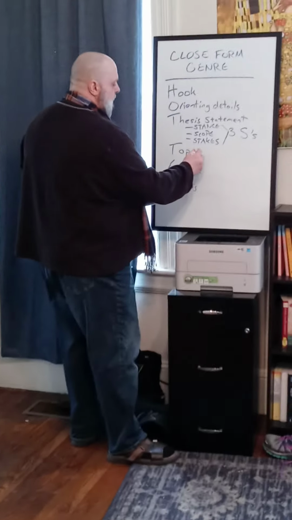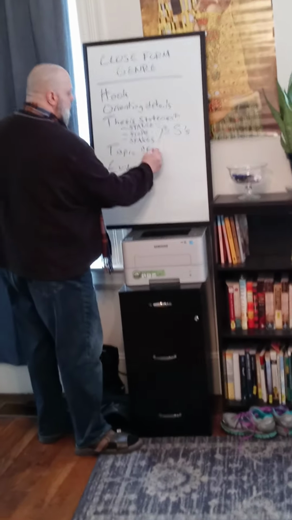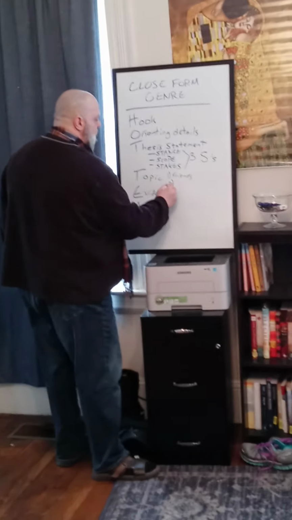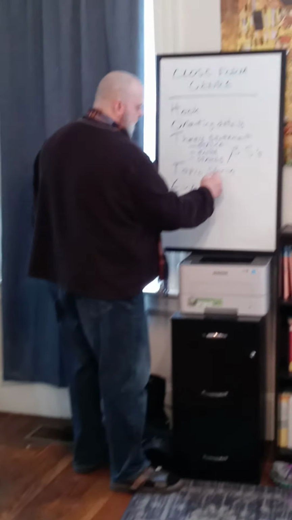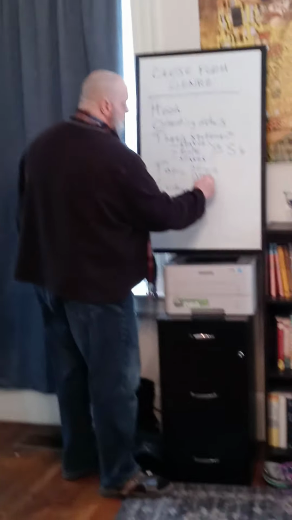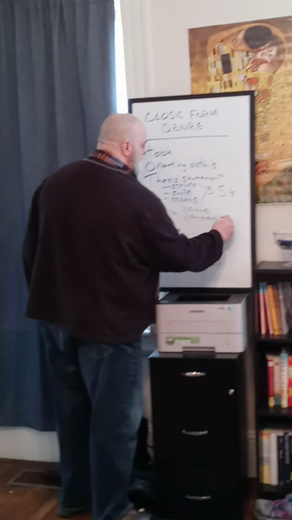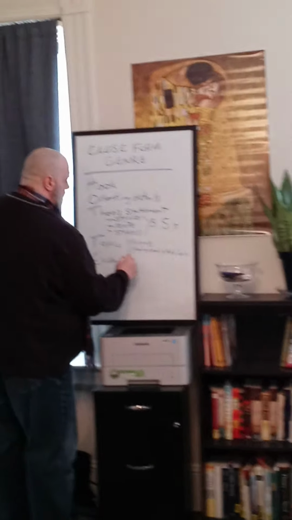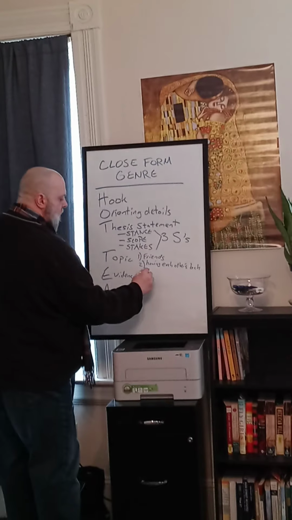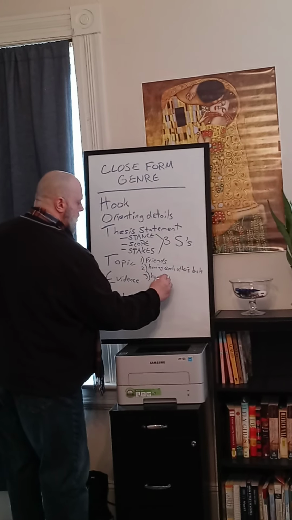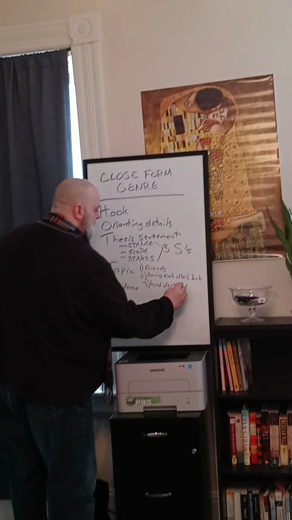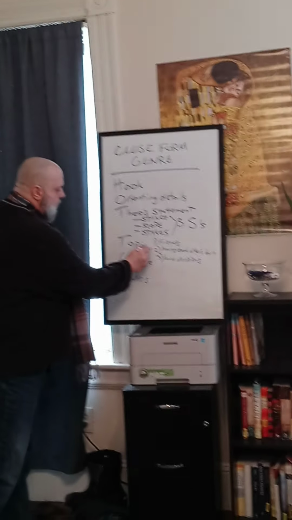So we're going to want to see one topic about friends, one topic about having each other's back, and we're also going to want one about hard decisions. And that's for our topic.